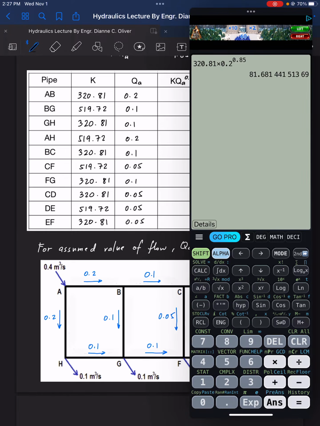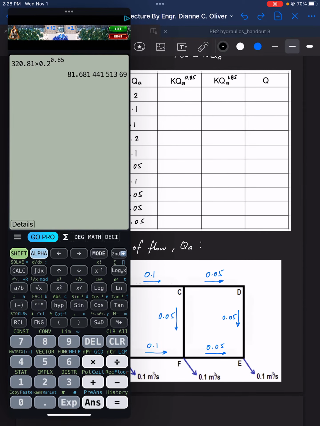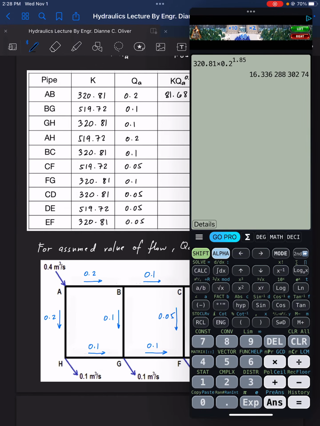So, that is 81.68. And then raised to the value of 1.85, that is 16.34.